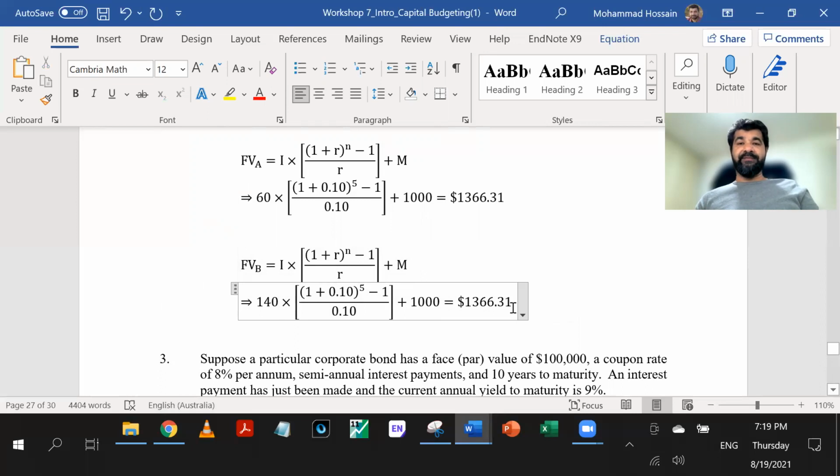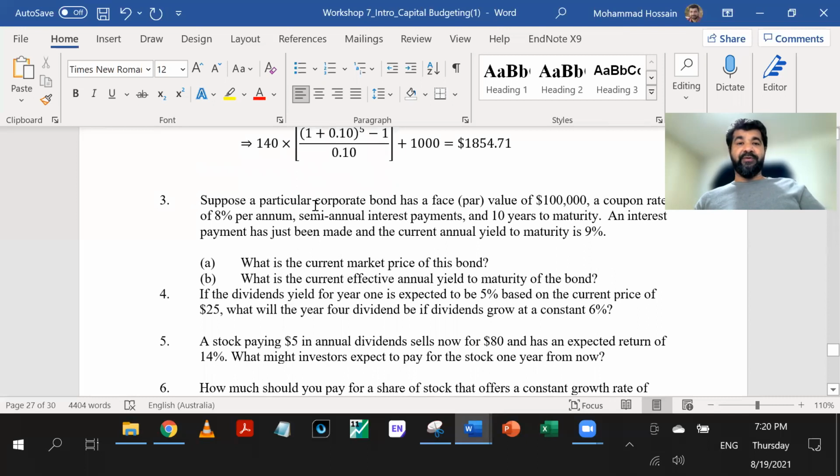Others remain the same, so it will increase. This will be the difference. All right, next one.